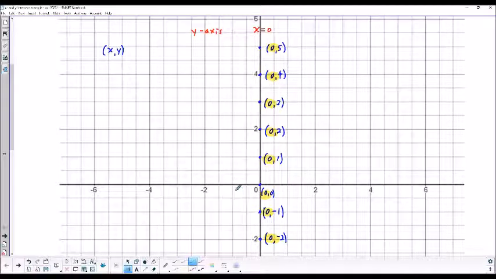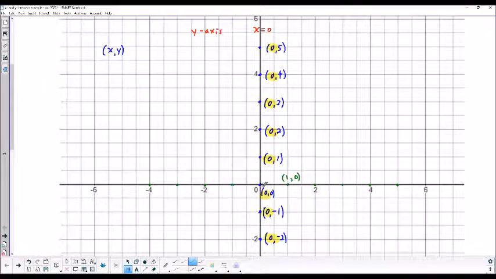Now we do the same sort of thing along the x-axis. We plot points along the x-axis in the positive direction, and some in the negative direction as well, and then find the ordered pairs. Starting at the origin, 0, 0, we go 1 unit in the positive x direction but 0 in the y direction.